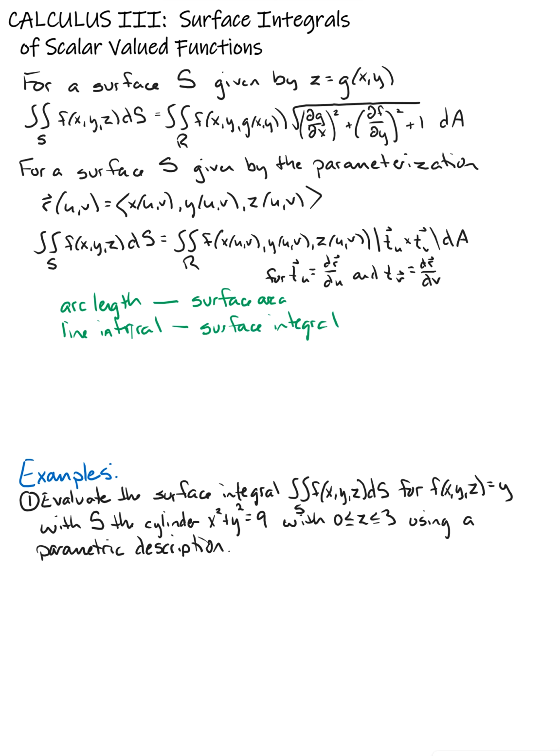So arc length and line integrals are both along a single curve, whereas these surface integrals are kind of two parameter things. So it helps to know that this is a one parameter situation, whereas with our surface area and surface integral, we're looking now at two parameters.